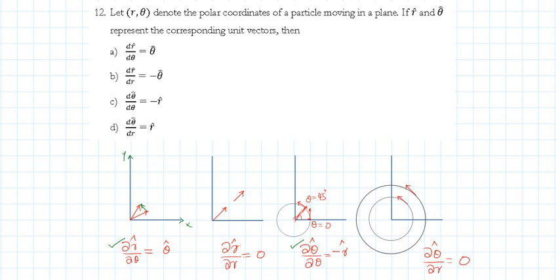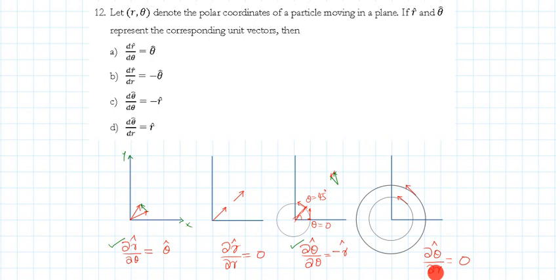So dou theta cap by dou theta, what is that direction? When you draw two adjacent values, it will be something like this. Then the change will be along this direction, and it is simply minus r cap. Dou theta cap by dou theta is minus r cap.